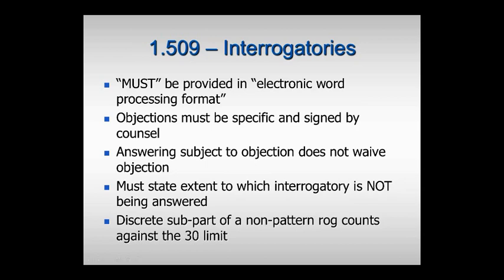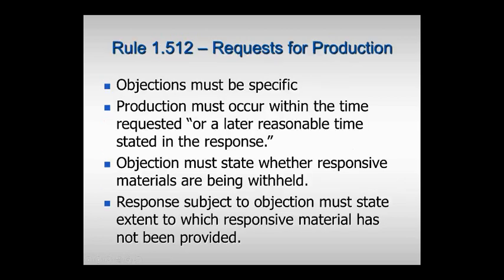The new rule basically creates the opportunity for the bar and the court to generate pattern interrogatories, and if we do, and you use pattern interrogatories, you can exceed the 30 limit. If you're just using your own, then discrete subparts count.